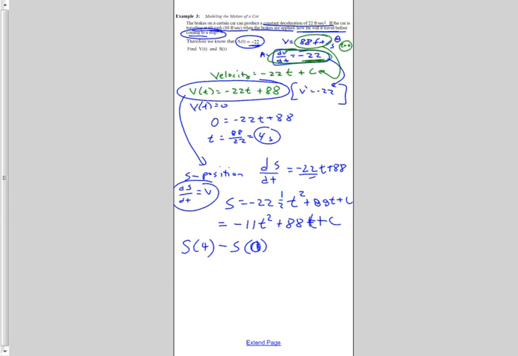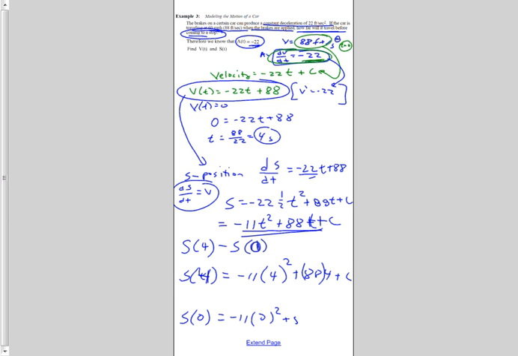So my position at 4 seconds equals minus 11 times 4 squared plus 88 times 4 plus c. And my position at time equals 0 is just c, because negative 11 times 0 squared plus 88 times 0 plus c is just c.